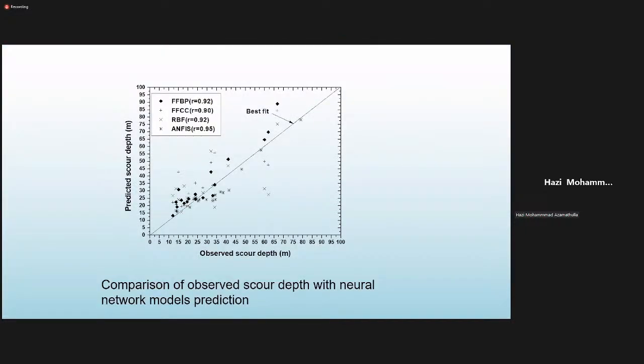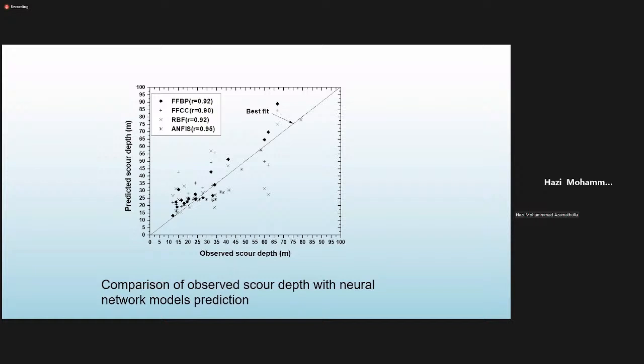See, this one is similar: feed forward back propagation algorithm, feed forward cascade correlation, radial basis function, and ANFIS. Now many have come in advance, especially if you use MATLAB, they will use LM. Students are fascinated, it will come very fast, but it will get stuck in a local minimum during training. Training was just processing. Epochs also they will say some epochs, but especially professionally, it will take time but it will give good results.